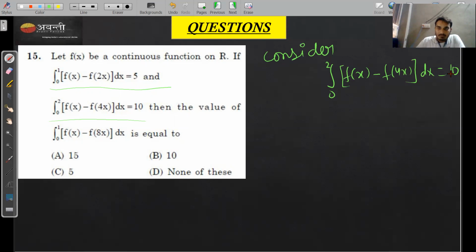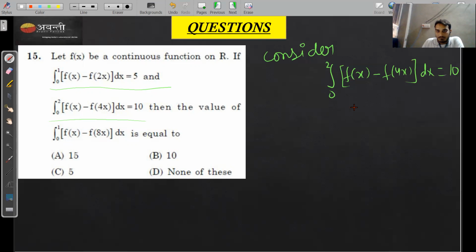Now tell me, what I want is to somehow make this 4x into 8x, because in the question they are asking f of x minus f of 8x. So somehow I have to get 8x, right? So how will you get 8x?